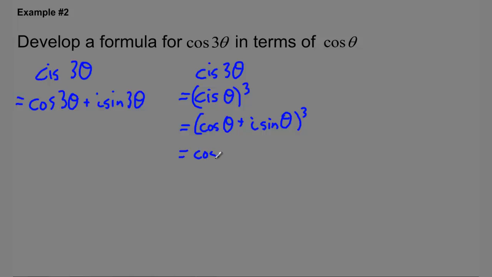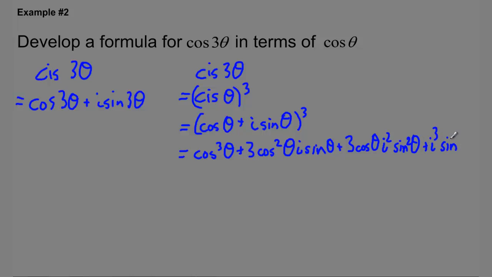That would work out to be cosine of theta cubed plus 3 cosine squared of theta, and then we would have an i and a sine theta, plus 3 cosine theta, and then i squared sine squared theta, and then our last term would be an i cubed sine cubed theta. So it would be 3 choose 0, 3 choose 1, 3 choose 2, 3 choose 3.